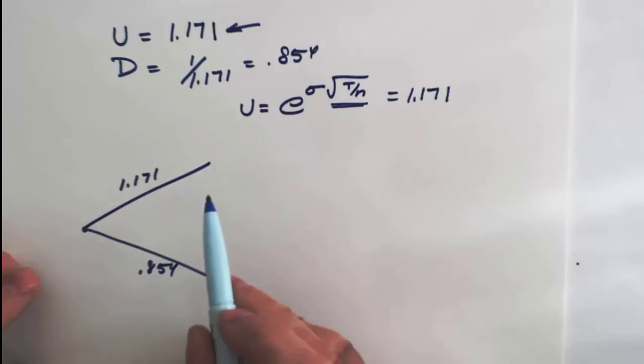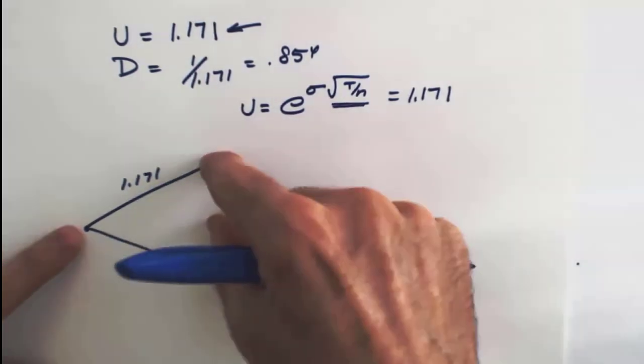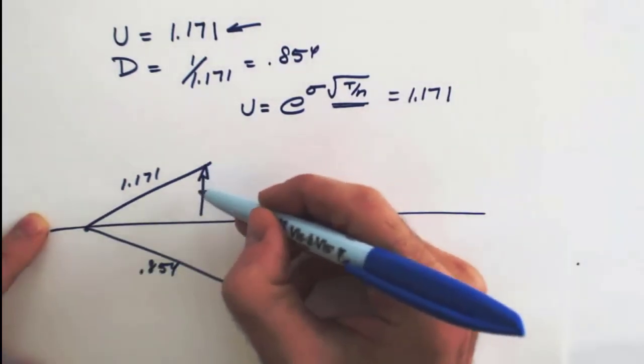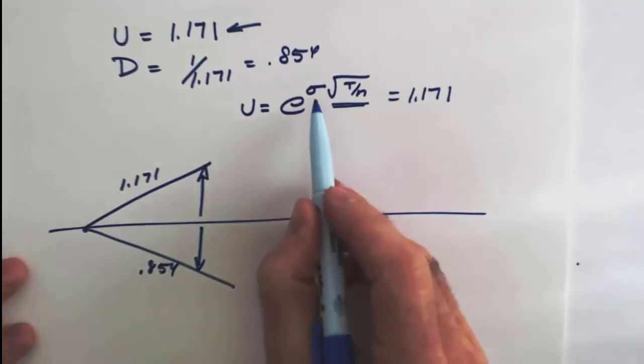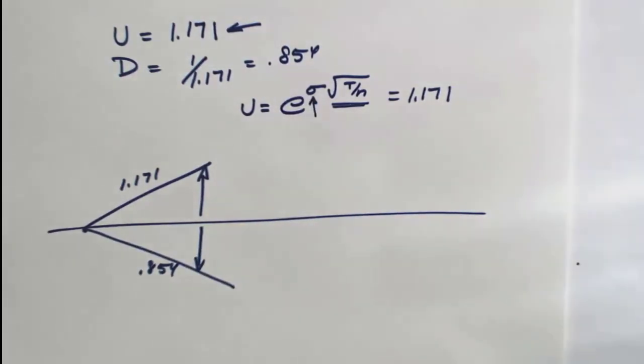Okay? So what you can see immediately is that the size of this step up and the size of this step down, in other words, volatility, is a function of this standard deviation.